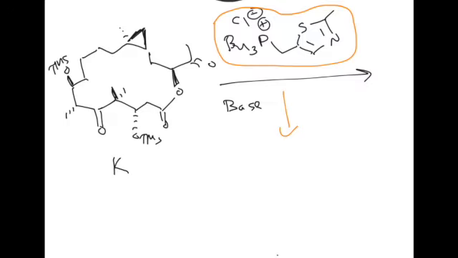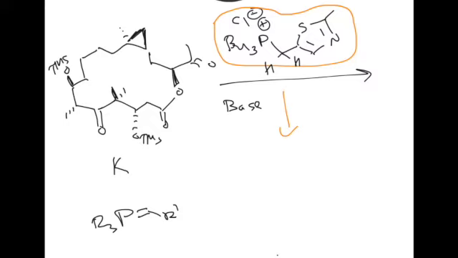Alright. So, right, you add base to this. A Wittig reagent, right, looks like this. It's a phosphorus double bonded to a carbon, right? Right now, my phosphorus isn't double bonded to the carbon. There are still two hydrogens here.